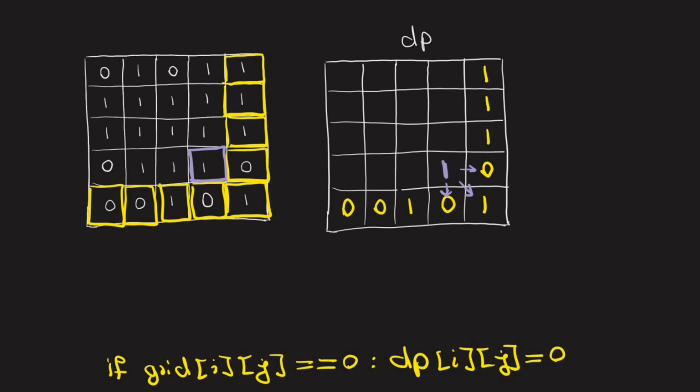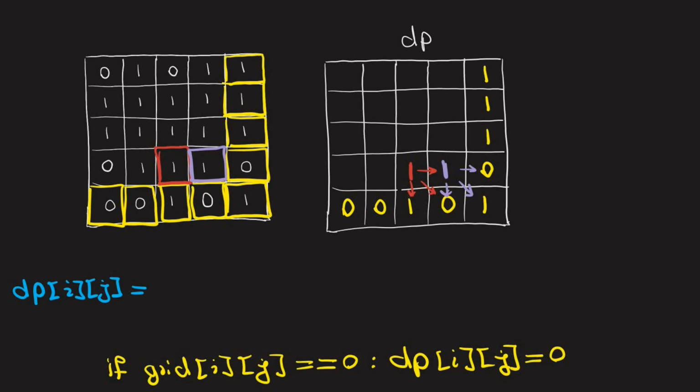Okay, let's consider another one. For example, this one. So again, inside that is 1. So we look at the other things. So we look at here, we look at here, we look at here, and see there is a 0 here. So it's not possible to create a bigger square for us. So we are gonna end up having 1. So it seems that we can create a formula. So for example, we could say dp of i and j equals, so I'm considering 3 parameters.